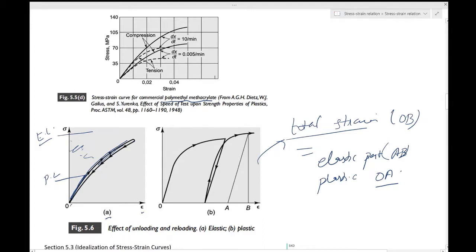That's how we would calculate the elastic and the plastic part.